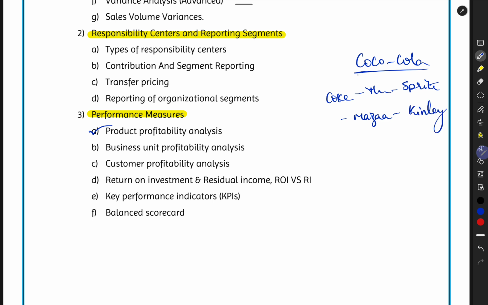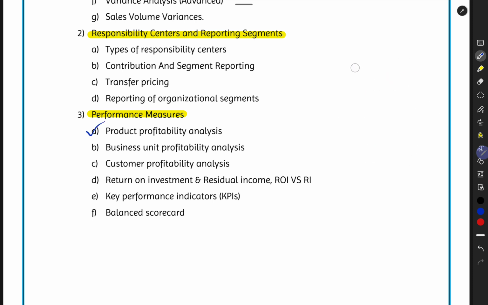So all these are different products in Coca-Cola. Out of this, Limca was there. Which product is the most profitable one? Which product is not the most profitable? That is covered under product profitability analysis. Which product is profitable? Which product is not profitable?